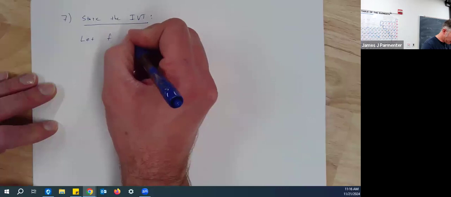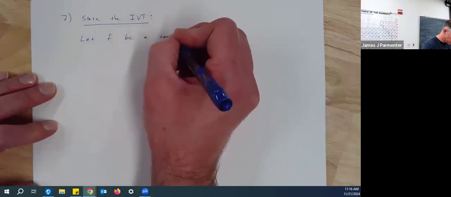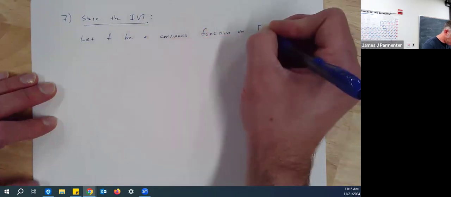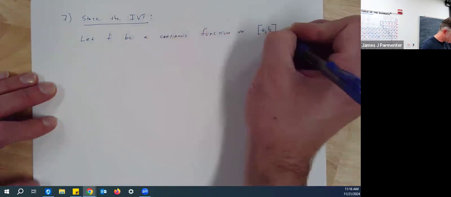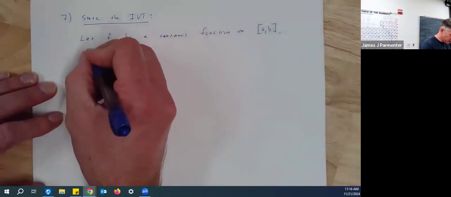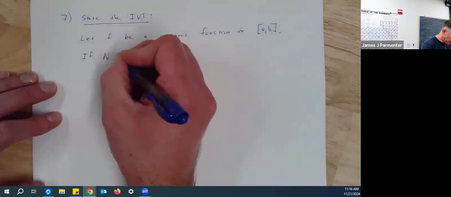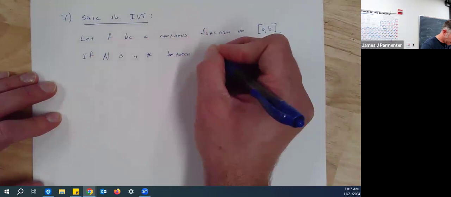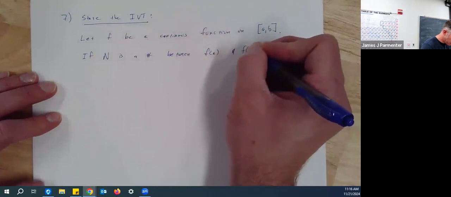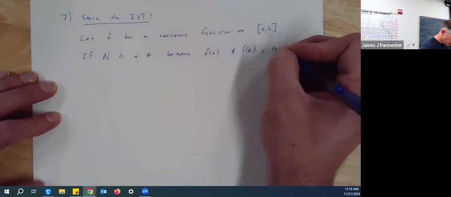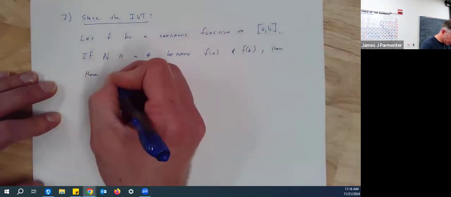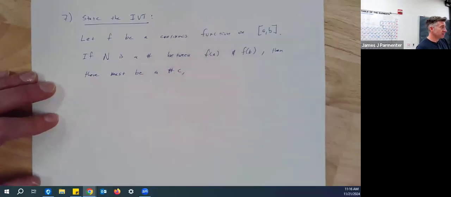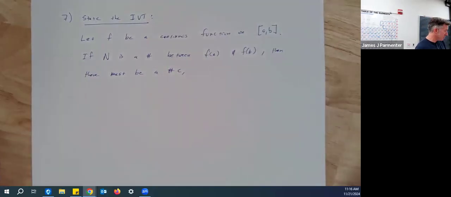Let f be a continuous function on the interval from A to B, the closed interval from A to B. If we usually use capital N, if capital N is a number between f of A and f of B, then there must be a number C, just like in the MVT, it's got to still be between A and B.